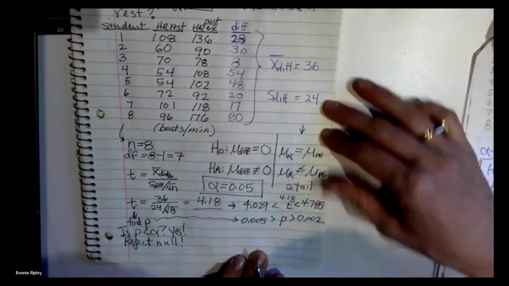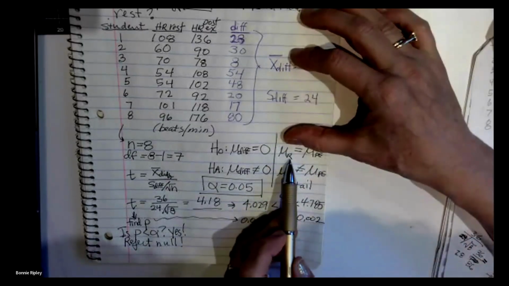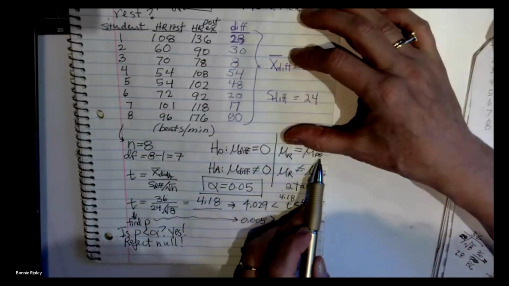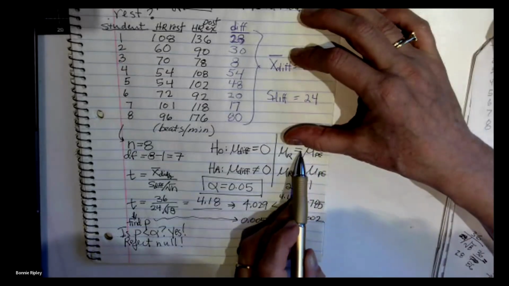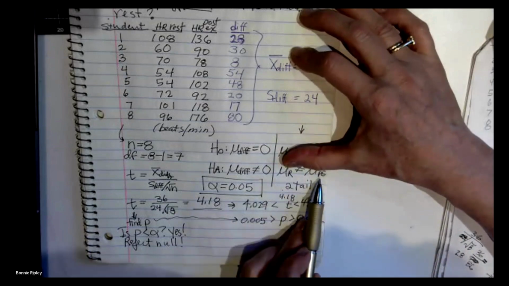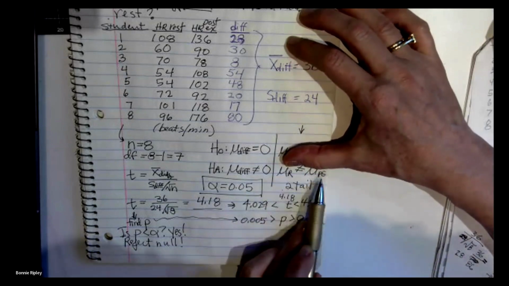If we reject the null, that the mean of the resting and the post-exercise heart rates are the same, then we accept the alternate that they are different.